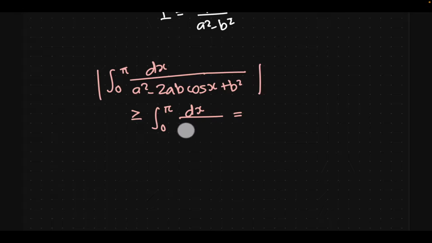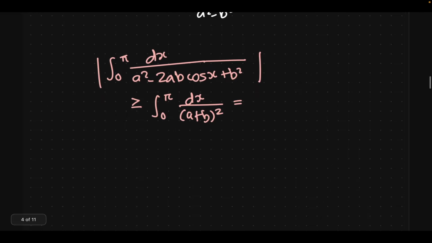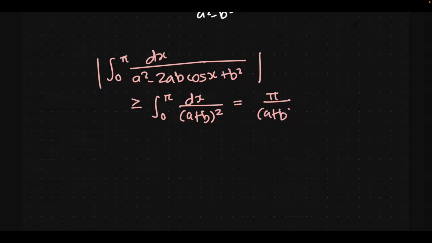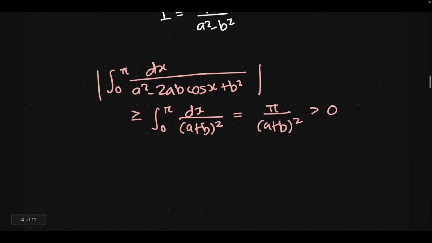Or I think it should be a plus b squared instead. So when the cosine actually takes the value minus 1, that will be a lower bound, and then we can integrate that to be pi over a plus b squared, and all of this is positive for ab positive. Even if ab weren't positive, the square will make it positive. So that's another way of proving that this thing is always positive.